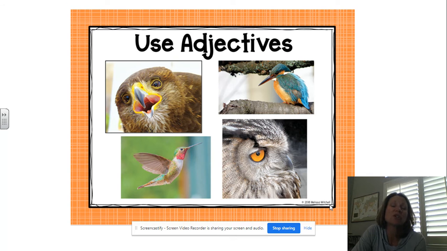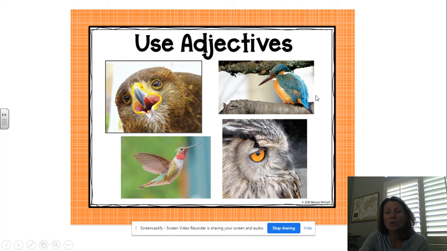Their attributes are just the things that are about them: their color, their shape, their size. If you were to look at the eagle, think of some words to describe that eagle. We know eagles are pretty big, wonderful animals. I would say maybe majestic, the majestic eagle. That could be a word that could describe him.